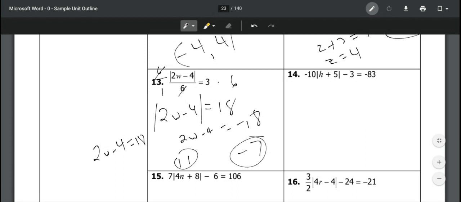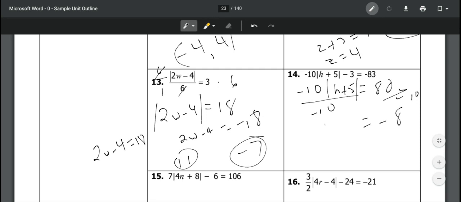So to do that, we're going to add 3. And so adding 3 here makes that 80. And then I'll just drop all this so you can see h plus 5. And then we're dividing by a negative 10. Divide by negative 10. That gives us negative 8. Absolute value of h plus 5.